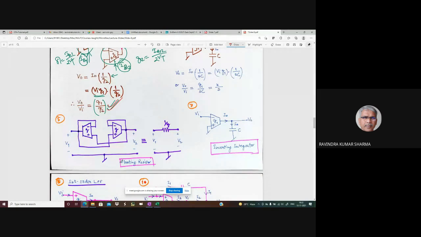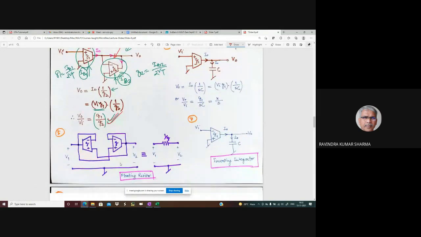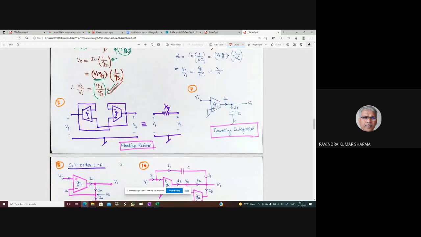Floating resistor बनाने में हमने यूज किया है ये जो grounded resistor है, ये वाला इसका यूज किया है. दो ग्राउंडेड रेसिस्टर को हमने बैक टू बैक कनेक्ट कर दिया, अनग्राउंड करके, और बैक टू बैक कनेक्ट करके, एंड देन इफ यू फाइंड आउट इट्स ट्रांसमिशन मैट्रिक्स और इफ यू फाइंड आउट इट्स Y मैट्रिक्स, you can quickly see that it is nothing but equivalent to a floating resistor of value 1 by G.